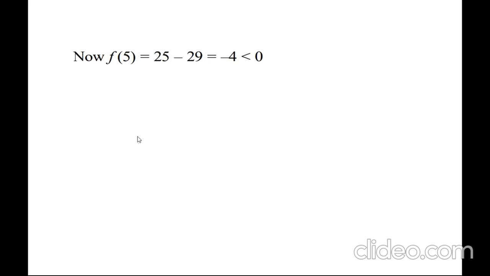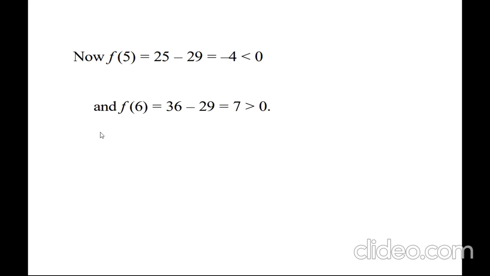Now we will check the first iteration or initial guesses. Just take the value of f of 5. I have selected 5 randomly to check the initial guess. So f of 5 is x square minus 29, so replace x by 5. So 5 square minus 29, that means 25 minus 29 is equal to minus 4, which is less than 0. So this is the convergence condition.